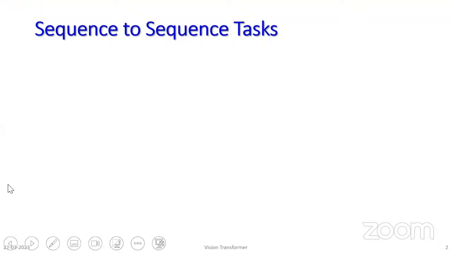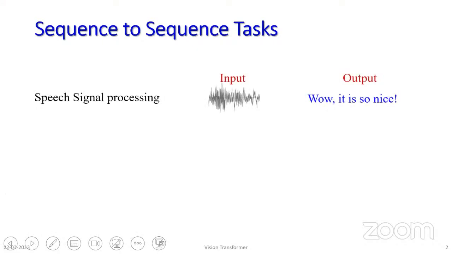So let us look at these sequence to sequence tasks in AI. What kind of tasks are those? Let us first look at speech signal processing. For example, the input is some speech signal, and the output could be an interpretation, for example in natural language, English.